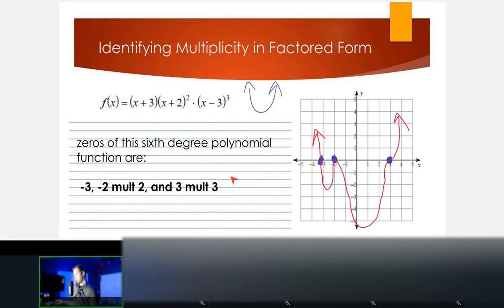So remember, multiplicities of 3 behave like a cubic, so we should expect some type of S curve, right? I did a little one just to represent that this is a cubic. So again, cubic is right here. The power of 2, it bounces. And the first one we said it passes through.